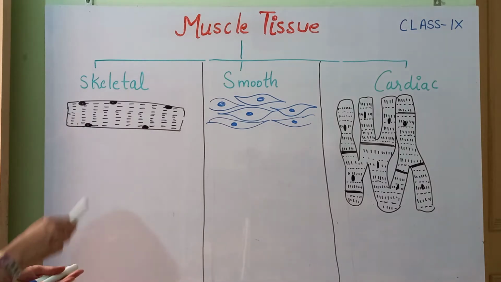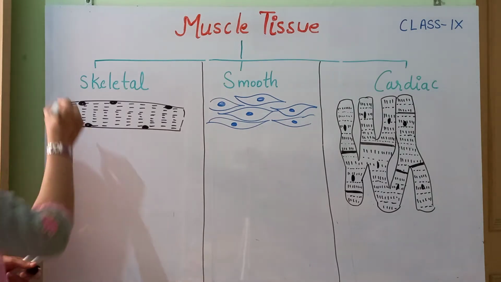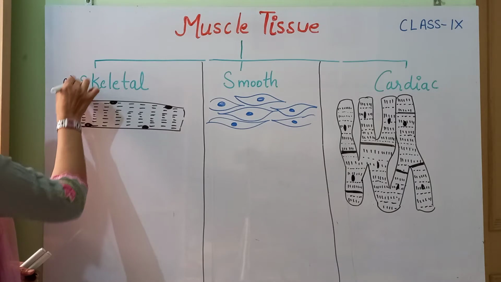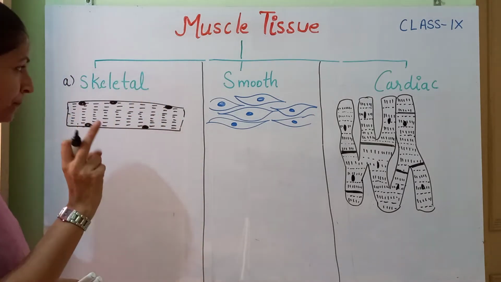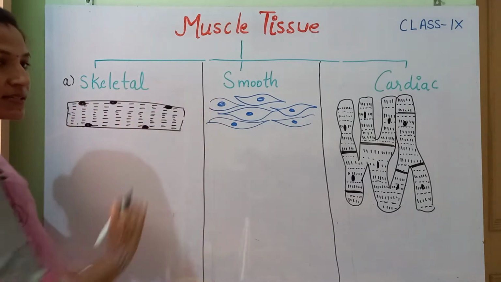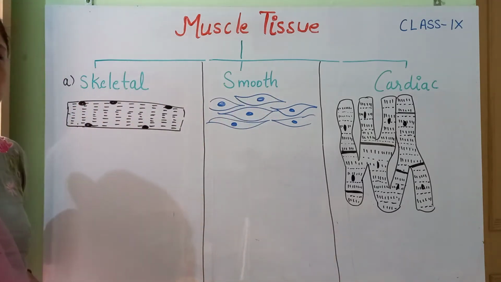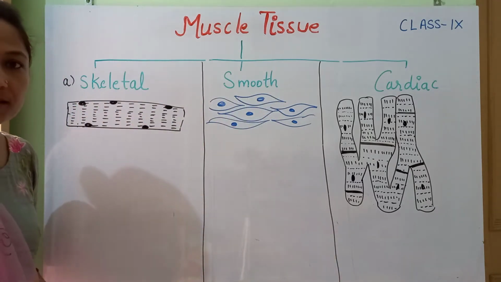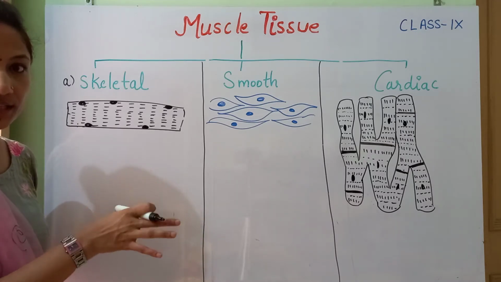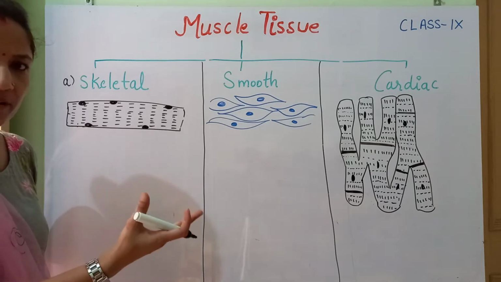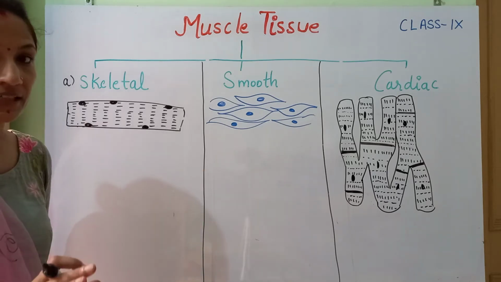So let's start with the very first type. This is skeletal muscle tissue first, smooth muscle tissue, cardiac muscle tissue. So on the basis of their structure, their location, where they are located and what kind of function they are performing, there are three types.